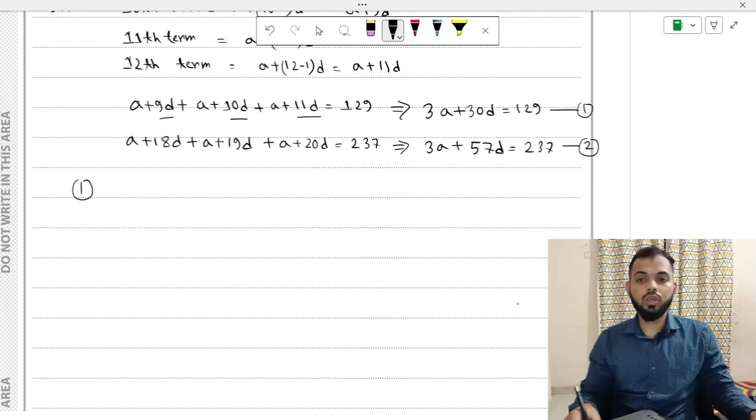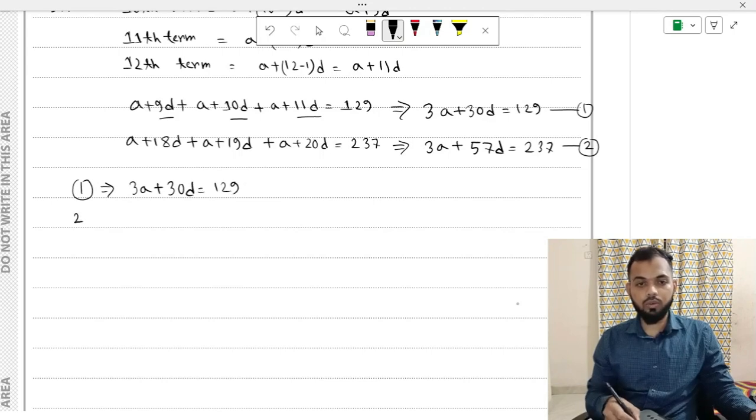Like we are using here the elimination process. From 1 we can write 3a plus 30d is equals to 129, and from 2 we can write 3a plus 57d is equals to 237.